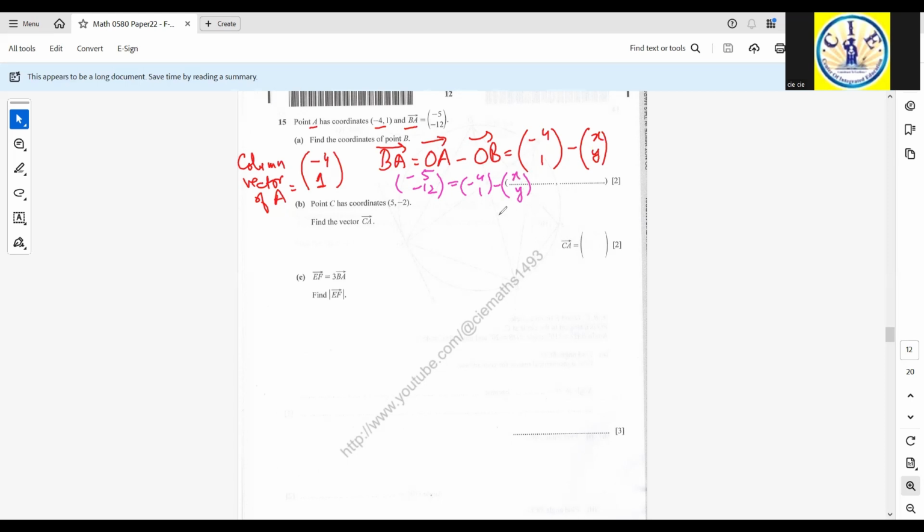Then shifting this to this side and this to this side, I get positive XY is equal to -4, 1 minus -5, -12 to give me -4 plus 5 and then 1 plus 12.